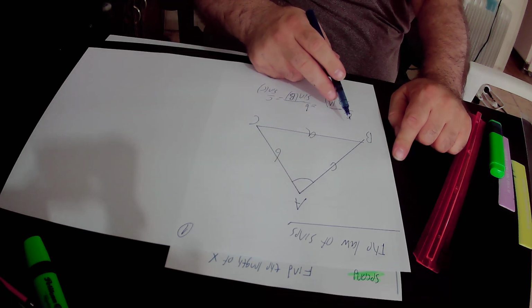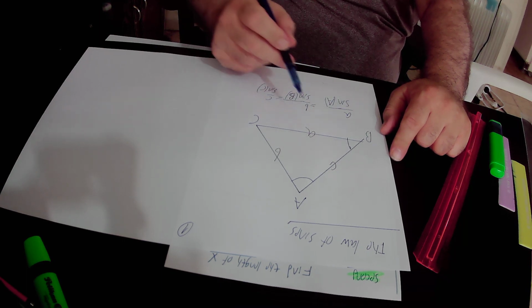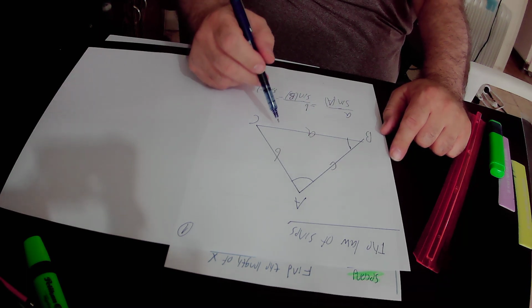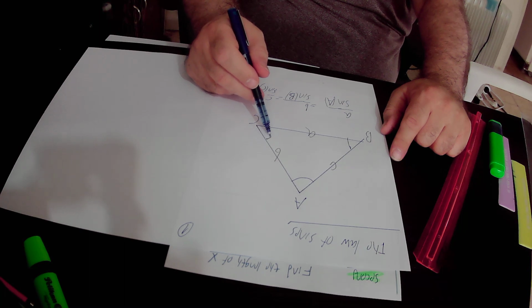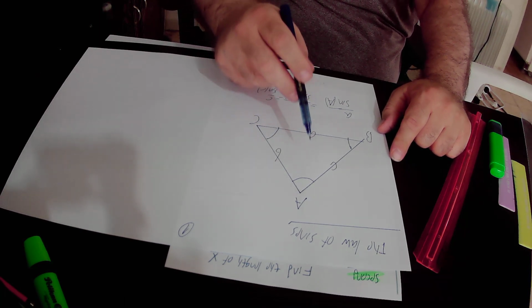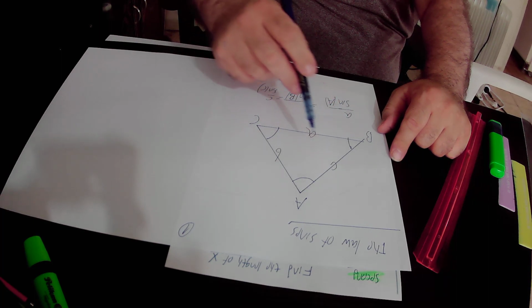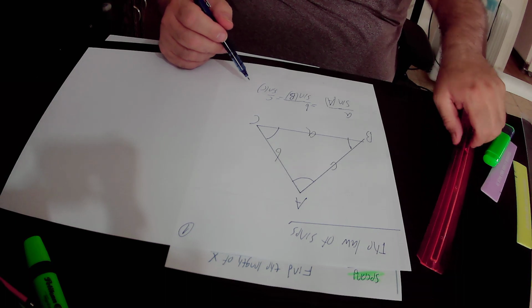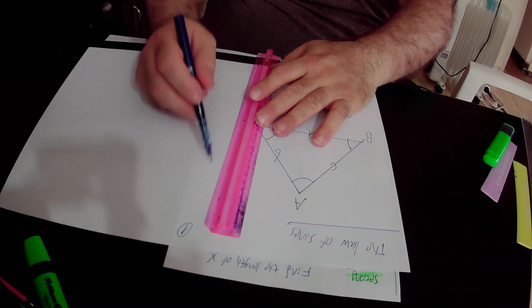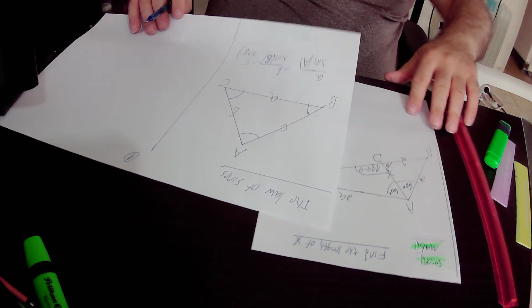Capital B is the size of angle ABC, this angle. And capital C is the size of angle ACB. So according to the law of sines, A over sine A equals B over sine B, and it is also equal to C over sine C. We will implement the law of sines in triangle ABD.